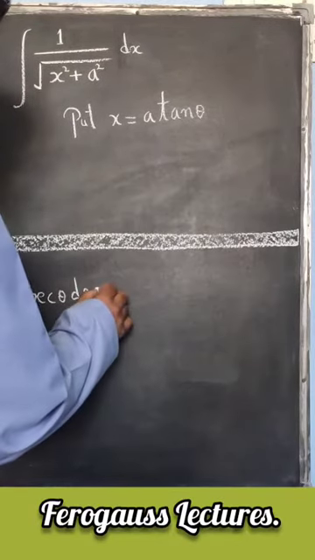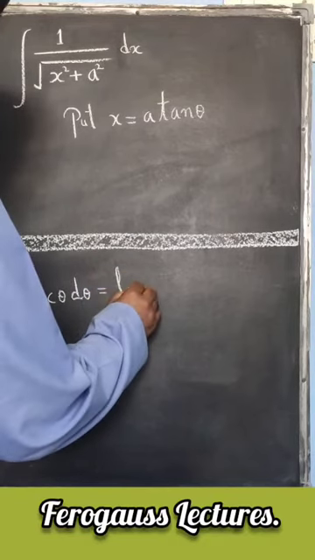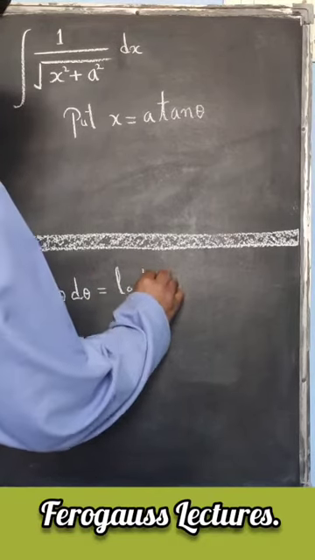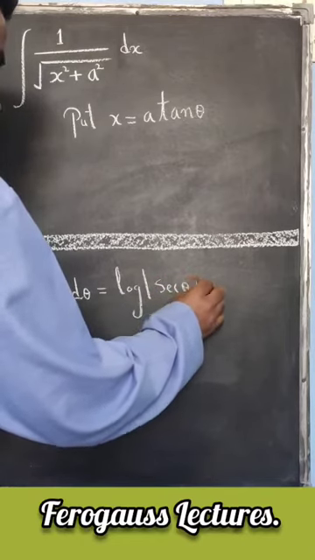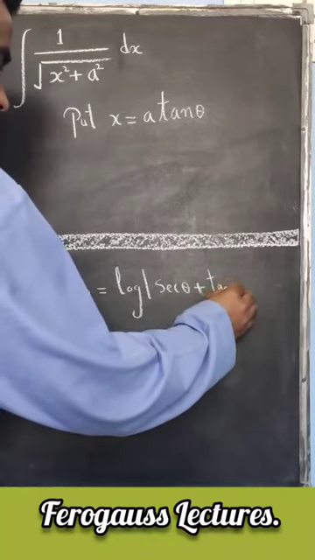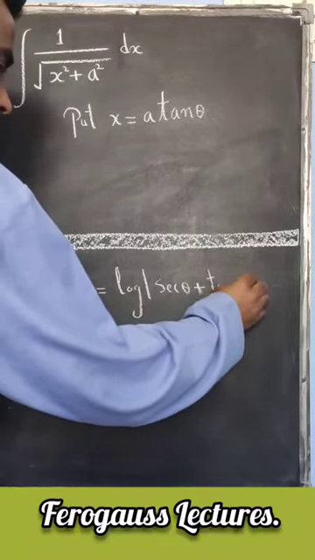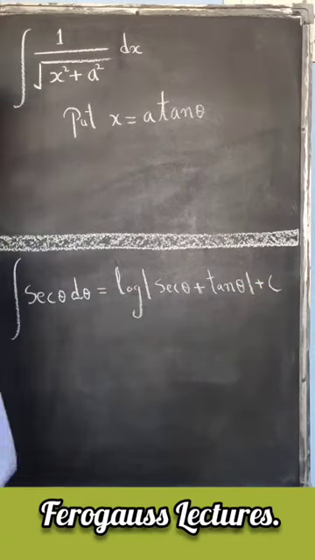Now we know that integration of secant theta is equal to log of mod of secant theta plus tan theta plus constant of integration c.